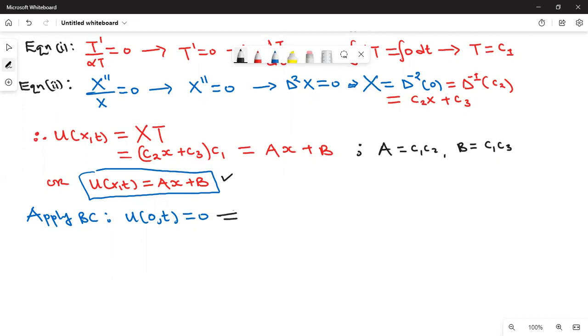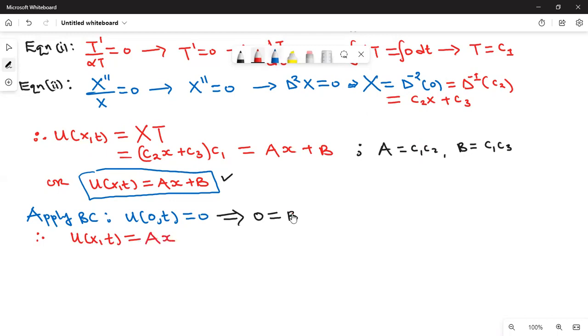So this will give us 0 is equal to b, because x is equal to 0. The a will disappear because it is a times 0, which is 0. So when b is 0, what will be our solution? Therefore u of x,t is equal to A times X.